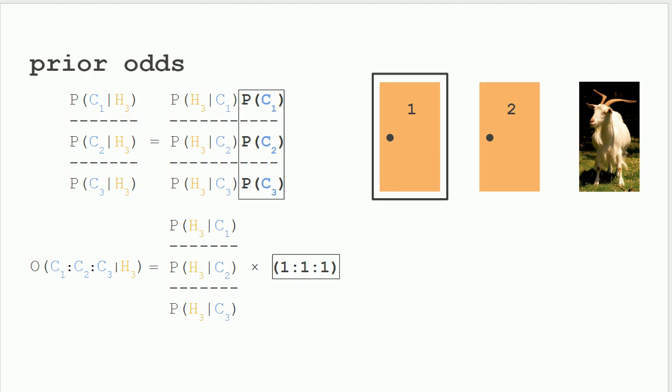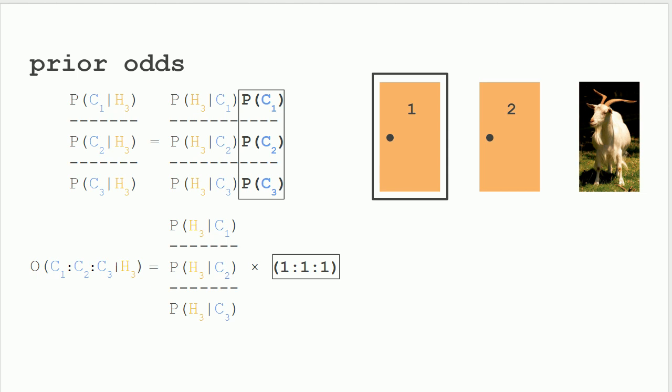Just to remind you, this is what Bayes' rule looks like. You have three beliefs that you can possibly have. You can believe the car is behind door 1, behind door 2, these are the C's, or behind door 3. A priori, before the host opens any door, this is what you can believe.